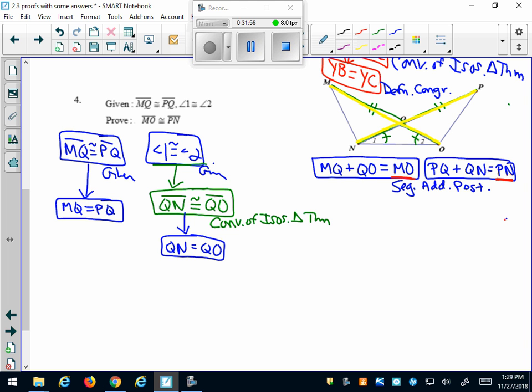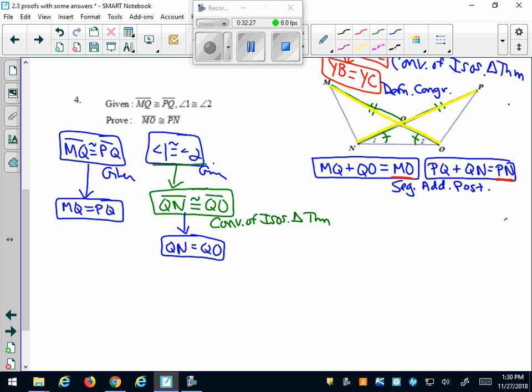Couldn't you just do QN and QO are congruent based on the converse of isosceles? Yep, that's what we have here. Yep. So now we're ready to substitute. We're trying to get MO equal to PN.